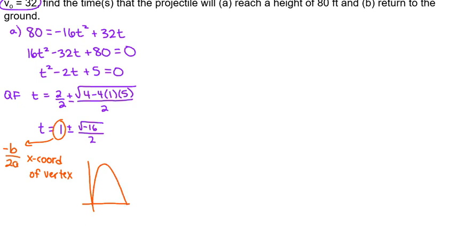It started at ground level, and it reaches its maximum height at the x-coordinate of the vertex, at 1 second. Knowing that, we could take the number 1 and plug it back into the equation for height.